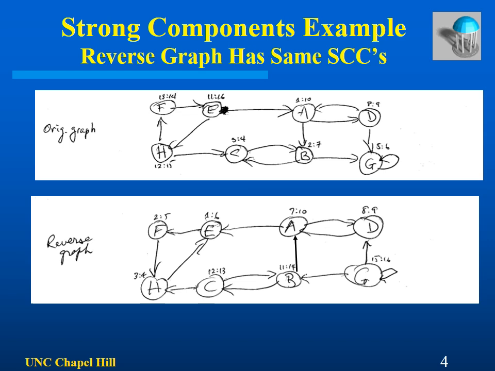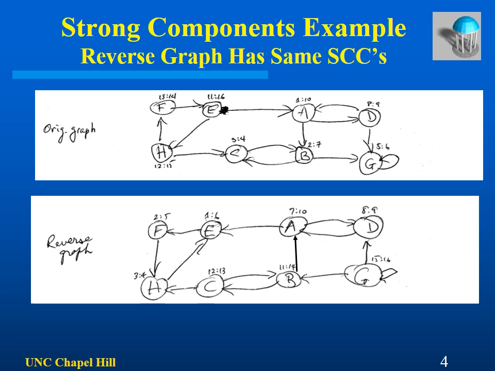If you have a matrix, a 2D array with binary entries describing the edges, the reverse graph has the transpose of that matrix describing which are edges. So, for example, you see in the original graph there is an edge from F to E, and in the reverse there's one from E to F. Every arrow has been reversed.